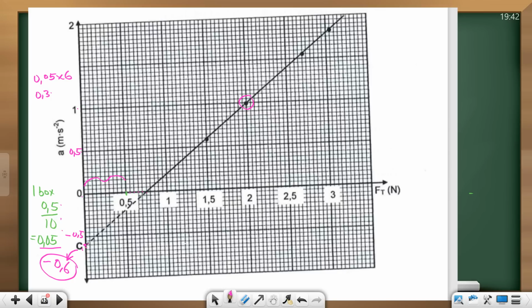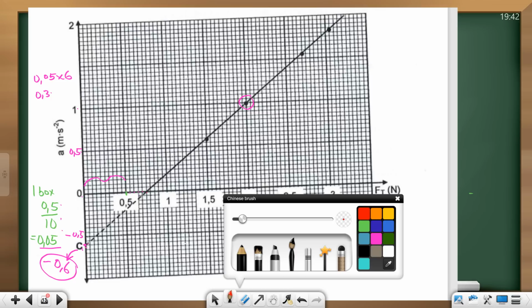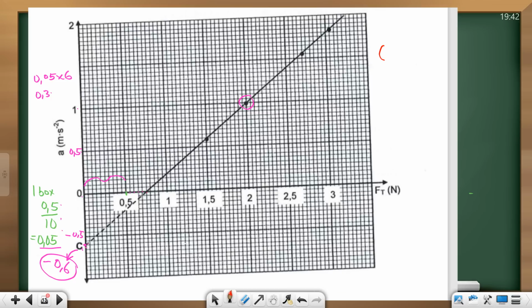Everybody, give me answers. What are my coordinates? Let's write it down. When x is 0, y is negative what? 0,6. We got that one right. Then when x is 0,8, y is 0. When x is 2, y is 1. Any of these 3 points, collinear, analytical geometry, should give you the same value. So just check.